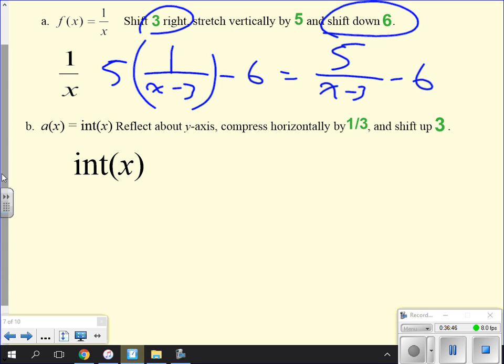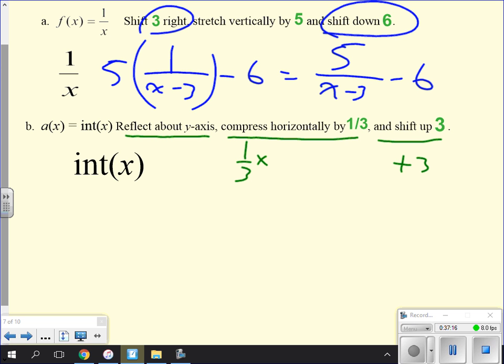Okay, so reflected about the y-axis, compressed horizontally by 1/3, and shift up 3. The up 3 means that I'm adding 3 outside. That's an outside one. The compression means that I am multiplying the whole thing by 1/3 times whatever I have.